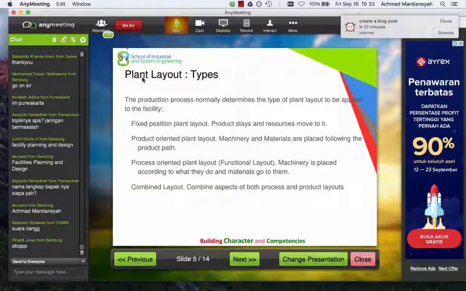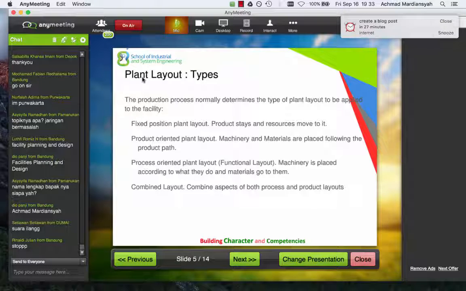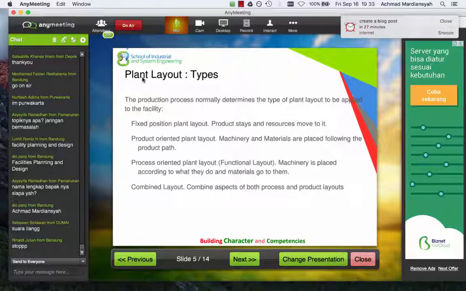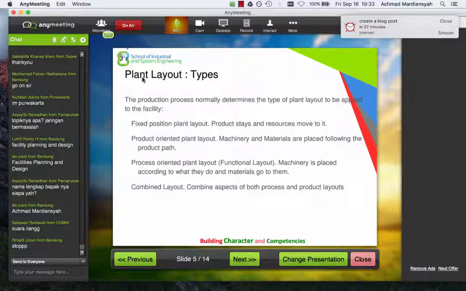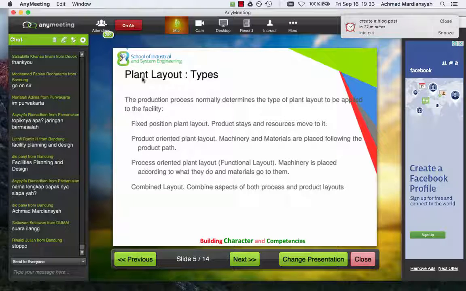Or it can be a process oriented plant layout, or functional layout. Machinery is placed according to what they do. For example, when you want to make earrings, it's process oriented. We have a department for painting, a department for welding, and many departments for doing a specific job, and then we just go there.